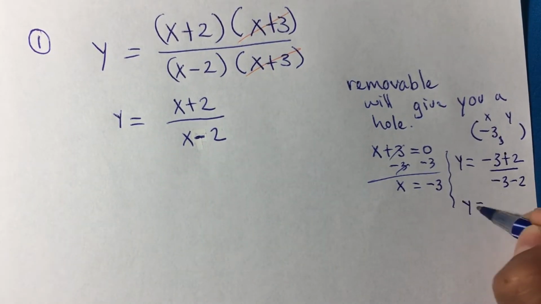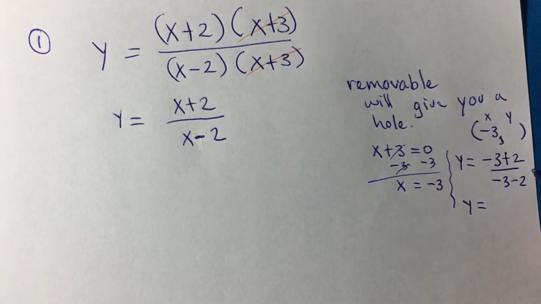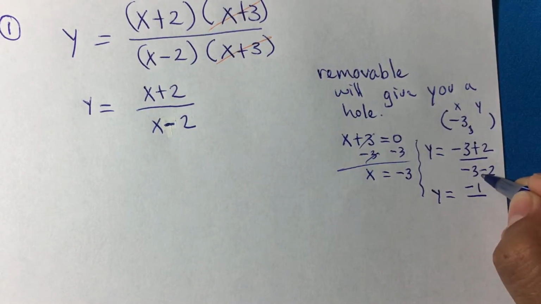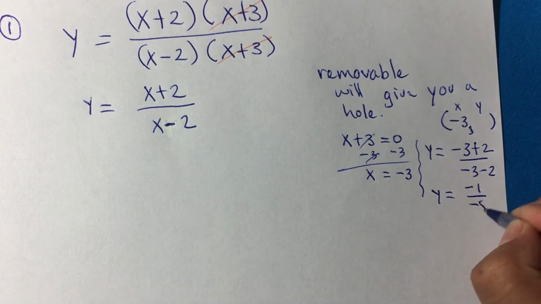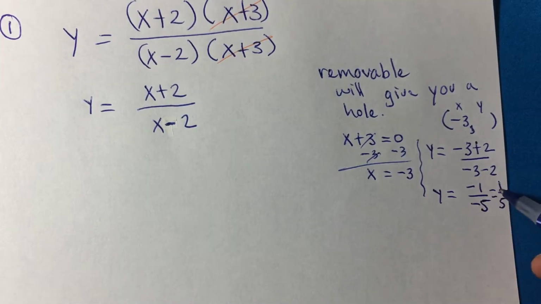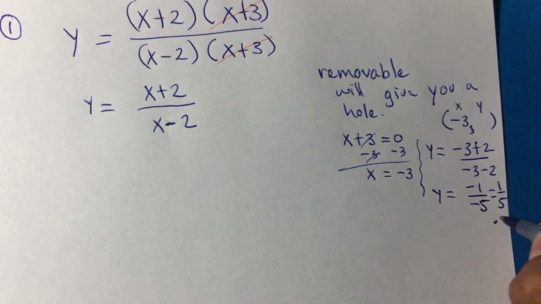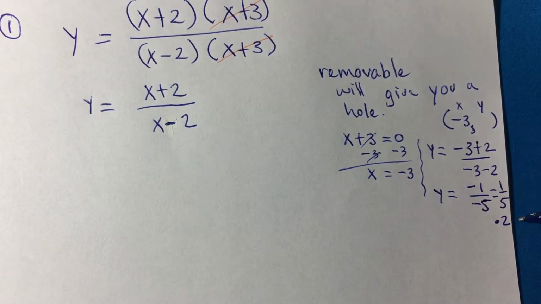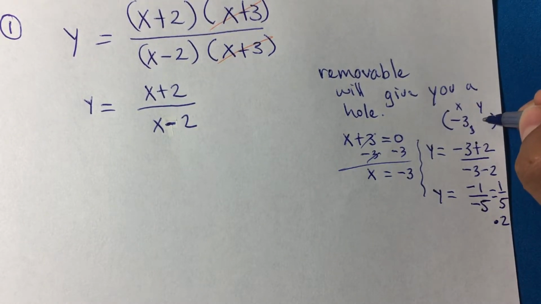Negative 3 plus 2 is negative 1, over negative 3 minus 2, which is negative 5. Negative divided by negative becomes positive, so 1/5. And 1 divided by 5 is 0.2. So you can leave it as a fraction or as a decimal, whichever you prefer, that's fine.